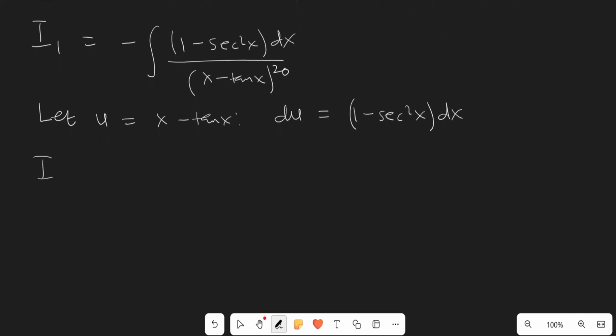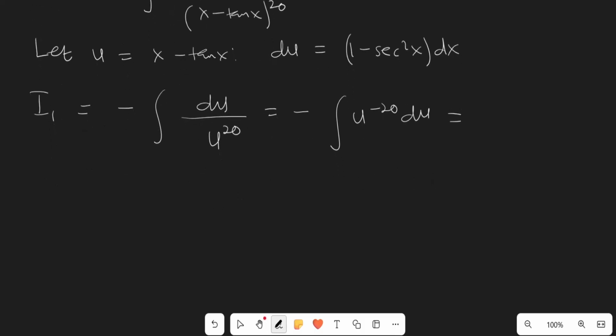So our integral I1 becomes negative of the integral of du all over u raised to the power 20. And that becomes negative integral u raised to the power -20 du. This is by using the power rule now. So it becomes negative u raised to the power (-20 plus 1) all over (-20 plus 1).